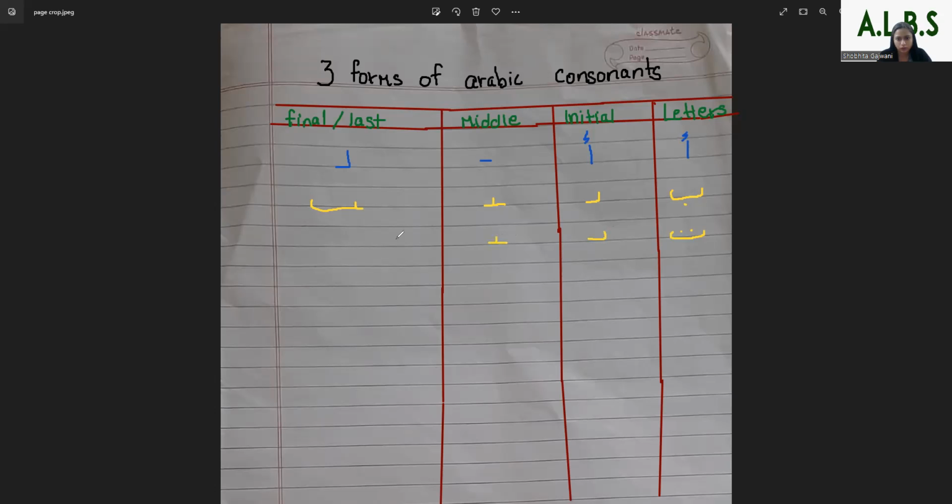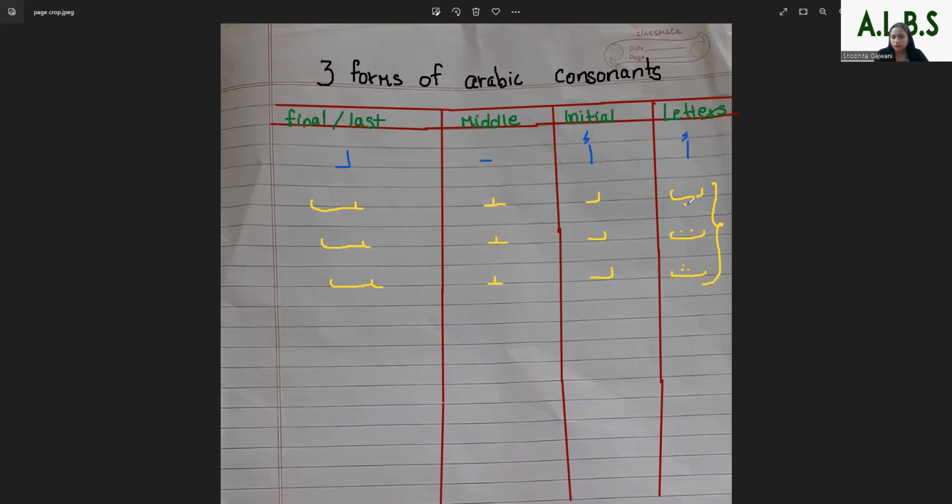Again, I am drawing their structures. Next letter is Tha, somewhere known as Tha and somewhere as Sa. As these three form a family, I'm going to place dots accordingly.